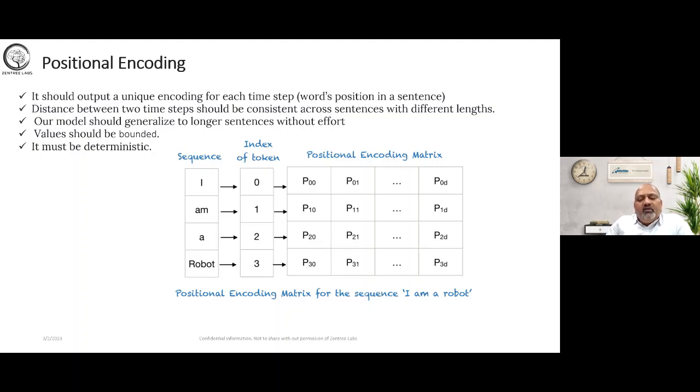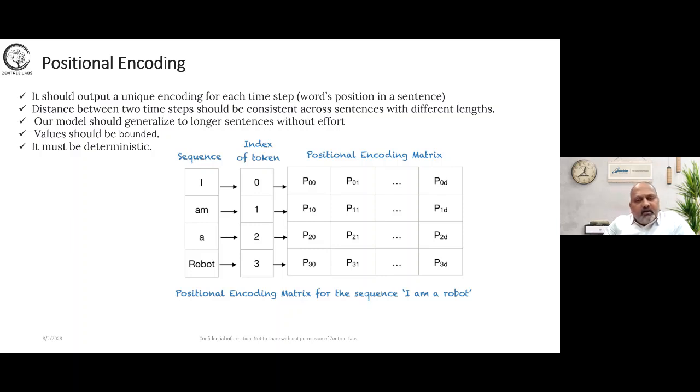Whenever you build a positional encoding scheme, if the dimension of a vector or the sentence length changes, it should not be that we have to rework everything. It should be easily extensible. Values should be bounded, which means positional information cannot be encoded into larger numbers. It must be deterministic, so you should be able to define it through a simple closed form equation.